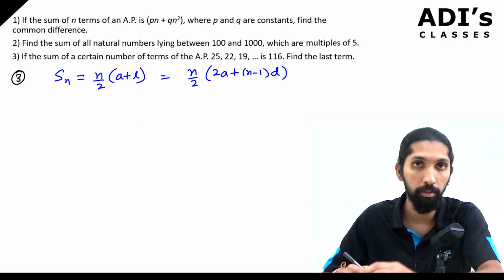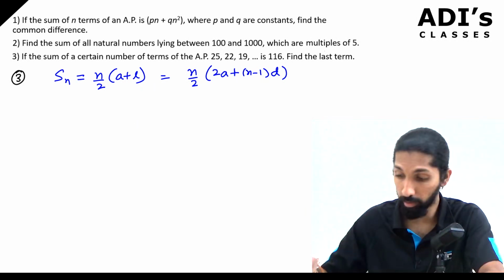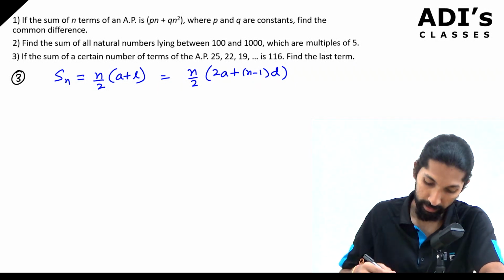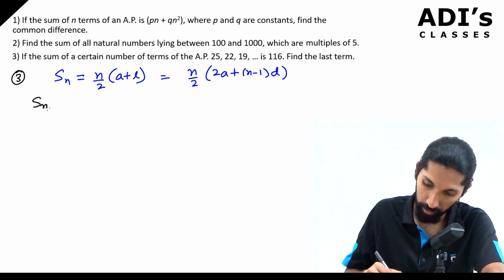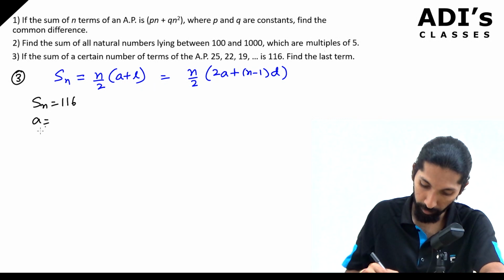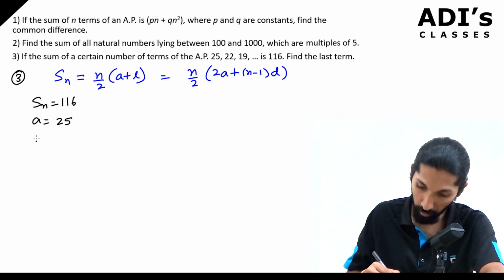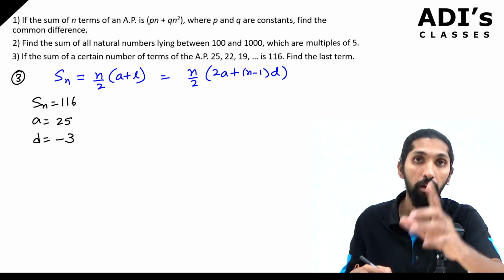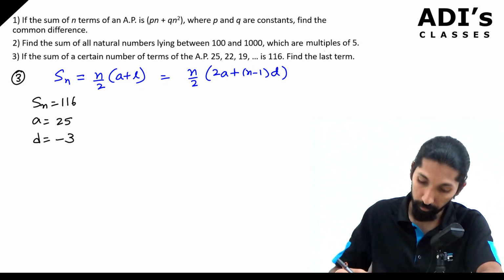This also you can use. Any one of them, because both of them are pretty much one and the same formula anyway. So given Sn is what? 116. A value is 25. D value is minus 3. 22 minus 25.